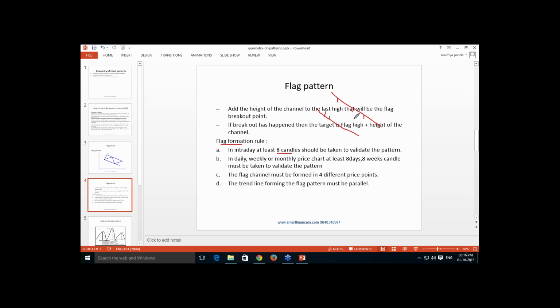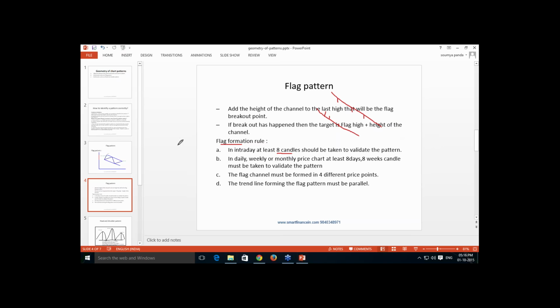But 4 points must lie on these two lines. And these lines must be parallel. Otherwise, it will be considered a pennant. It will not be considered a flag.